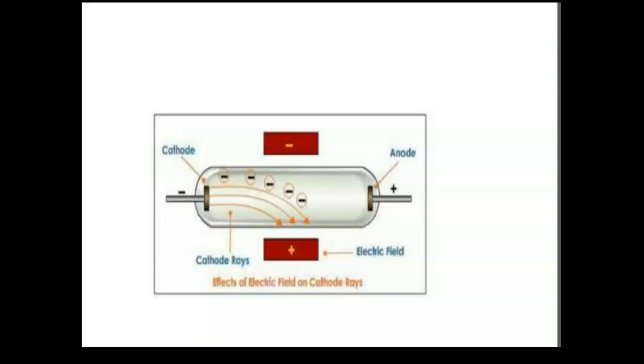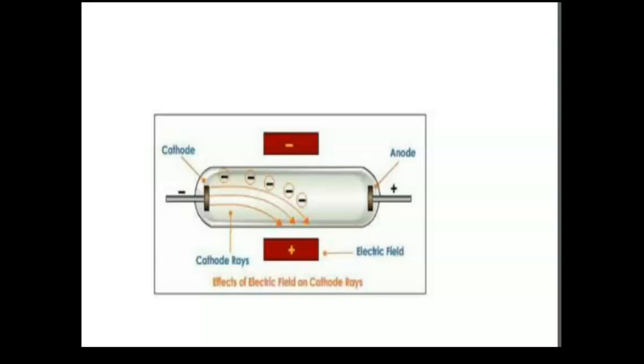These rays produce a heating effect. When these rays strike some metal foil, they produce a heating effect. Now cathode rays produce X-rays when they strike the surface of hard metals such as tungsten, molybdenum or even copper.